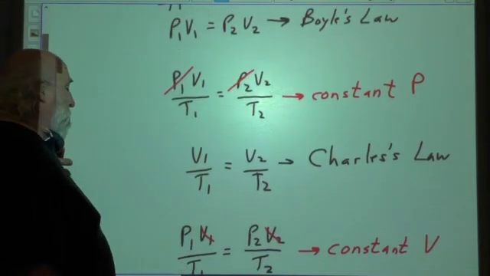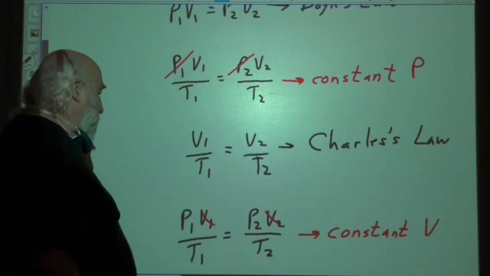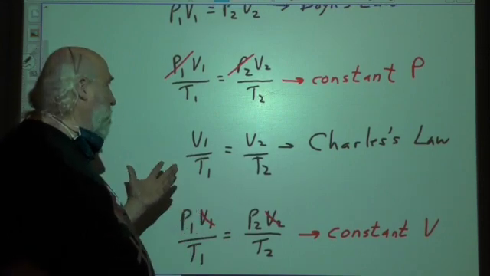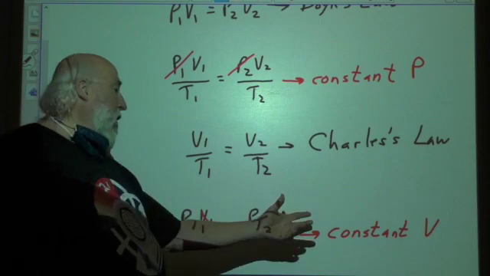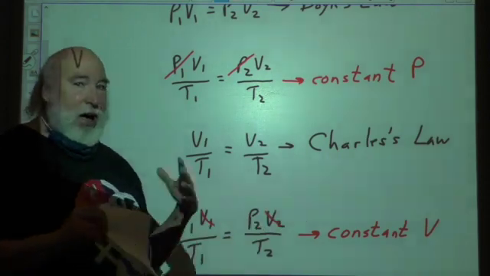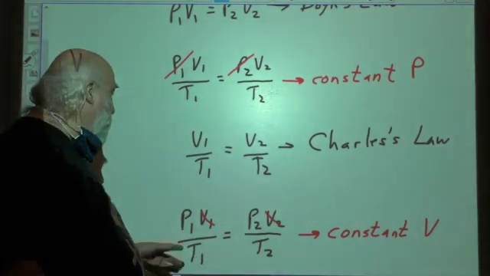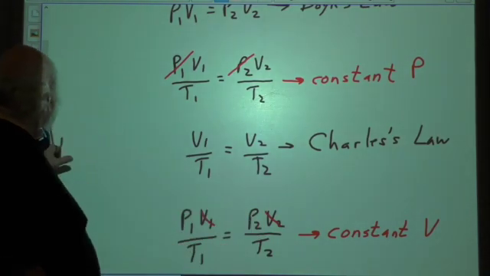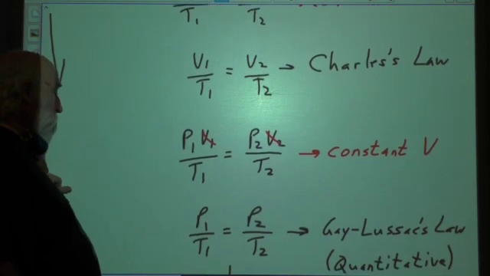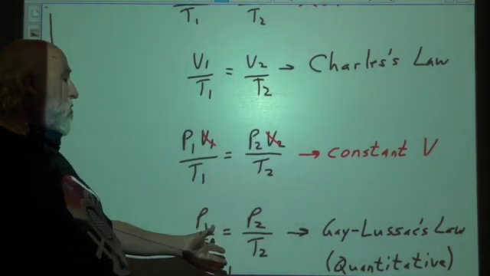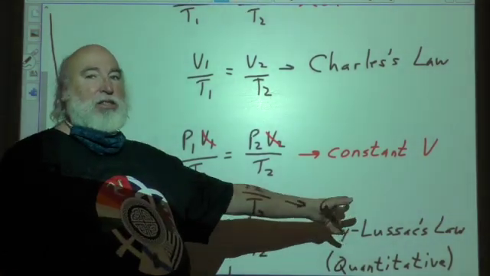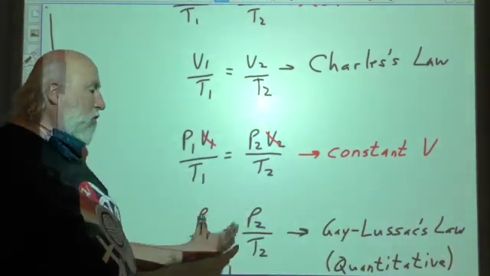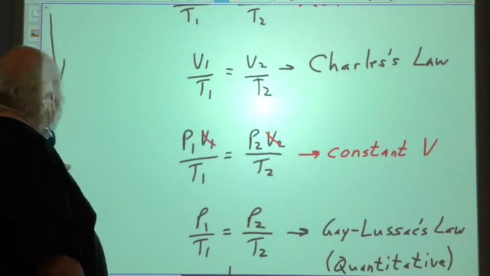If we go one bit farther with that, and take the combined gas law and have a constant volume, which has not been considered up to this point, the volumes cancel out to leave us P1 over T1 equals P2 over T2. And that is Gay-Lussac's quantitative law.